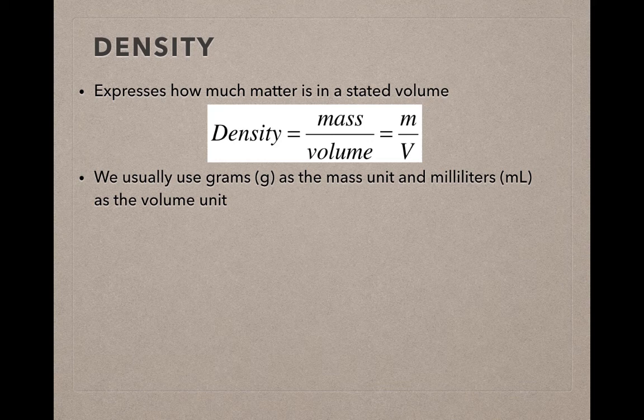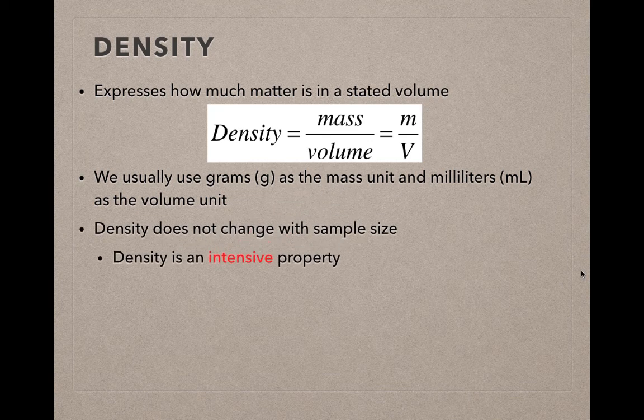You can express density in any mass units or any volume units. In the scientific world, in chemistry, we generally use grams for our mass unit, milliliters for the volume unit, but you will see different units used in different disciplines. Occasionally, even in our class, you will see volume expressed in centimeters cubed. That's the same as a milliliter, so those values would actually be the exact same.